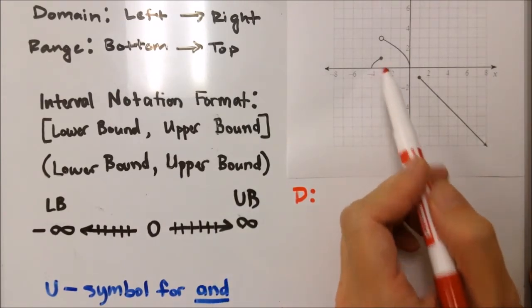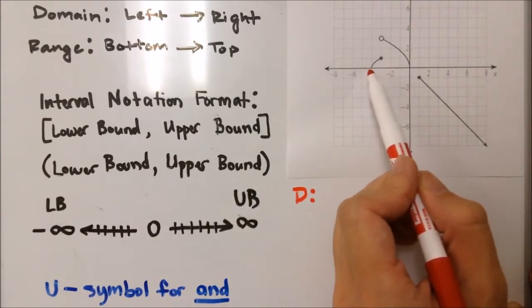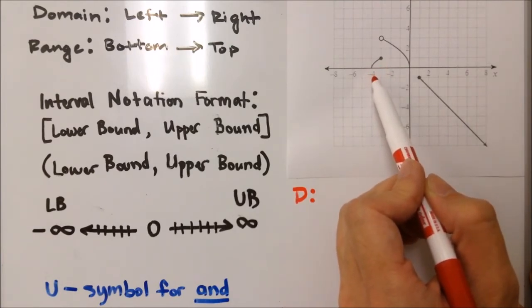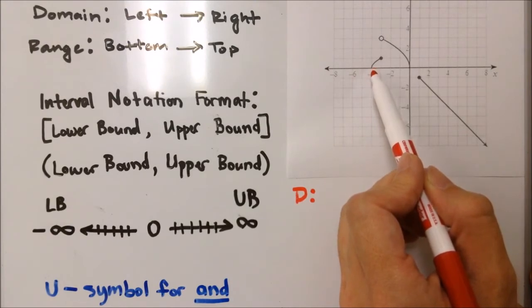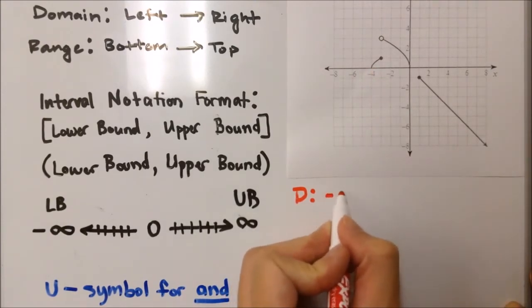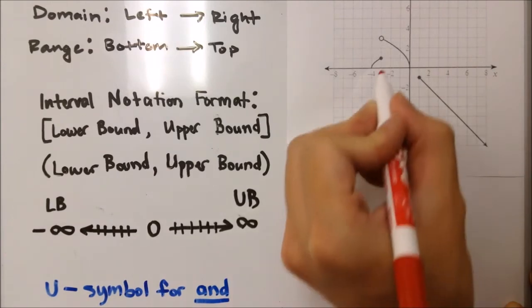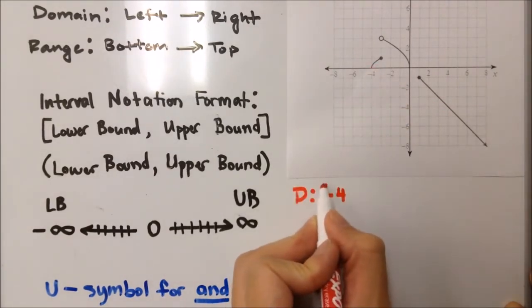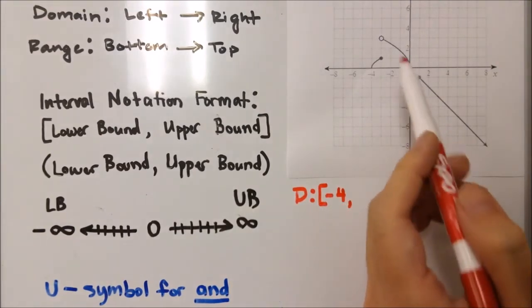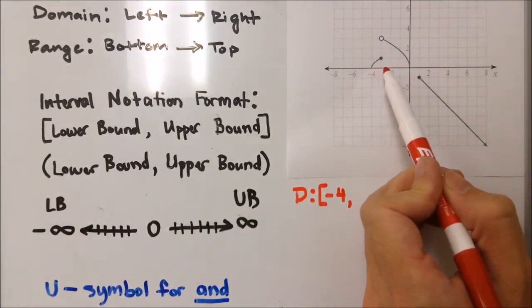Starting with this one, with respect to the x-axis, we can see that it starts at -4. It's exactly at the intersection, so I'm going to write -4 and use bracket. And then comma. Then it goes towards the right and stops at -3.